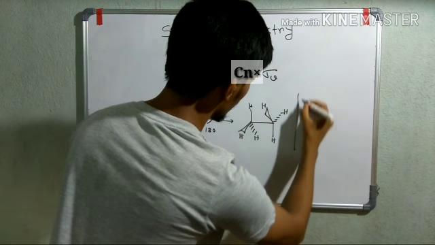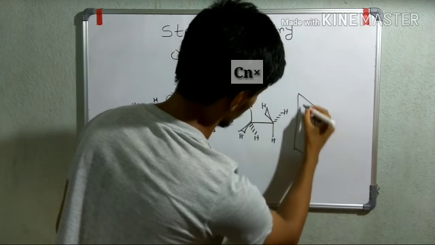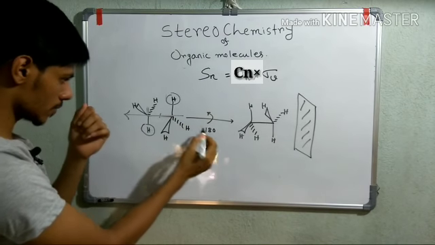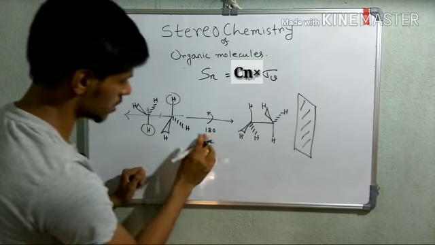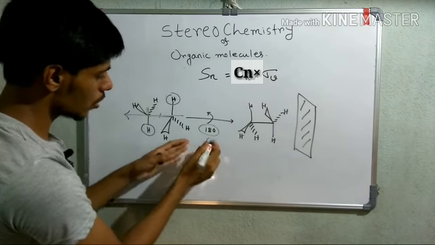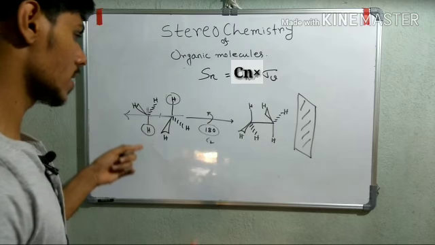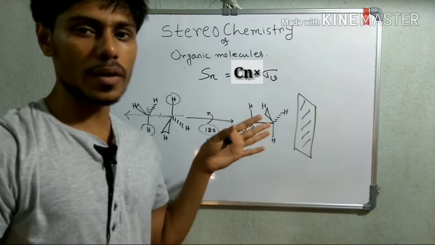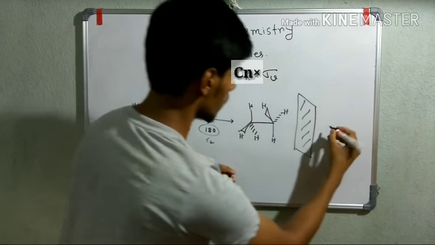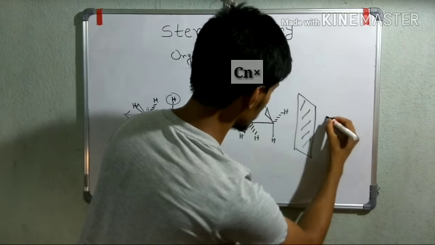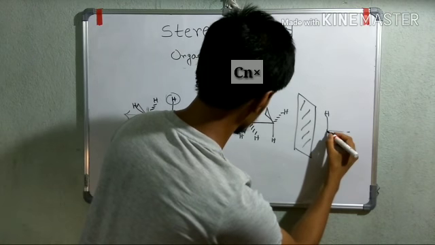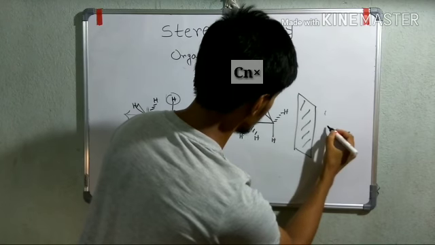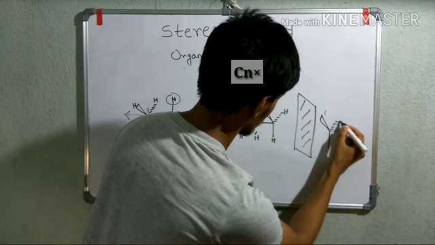Now place a mirror plane along here. This mirror plane you have to place perpendicular to this Cn axis. In this case it is the C2 axis, because it is a 180 degree rotation. So whichever rotation axis you consider, your mirror plane should be perpendicular to that. This is one requirement. So now if you place the mirror, what image will you get? The image you will get is like this.